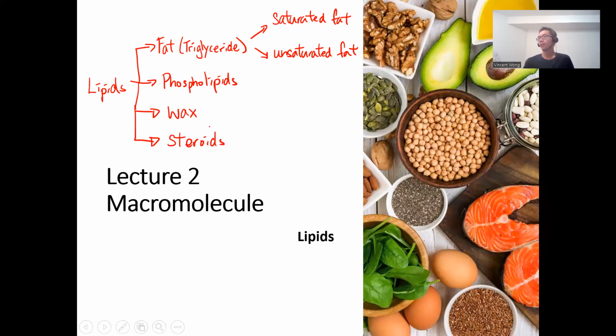All right. So those are the 4 kinds of lipids. All right, take a picture, finish copying, whatever you need to do. I'll move on to the next page soon.